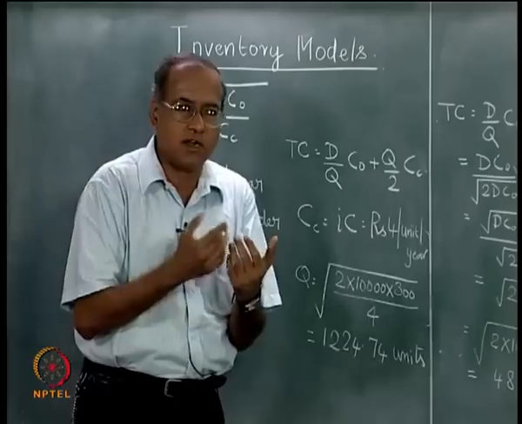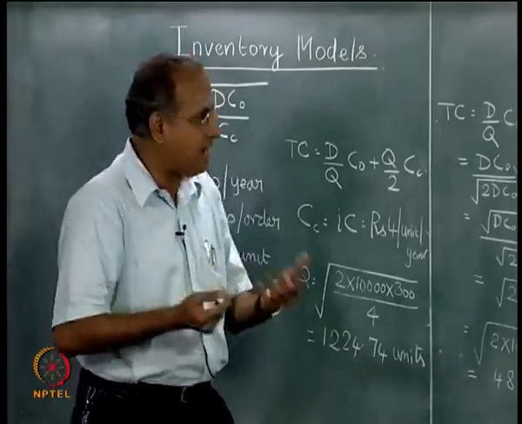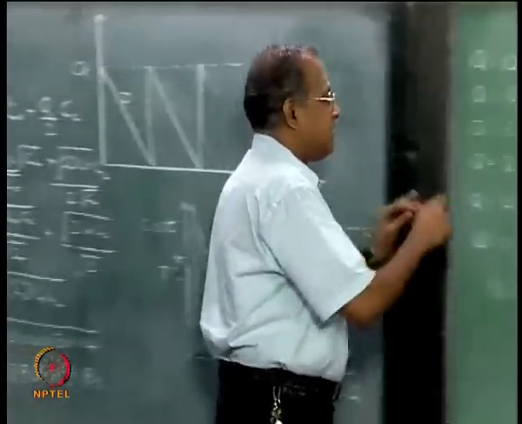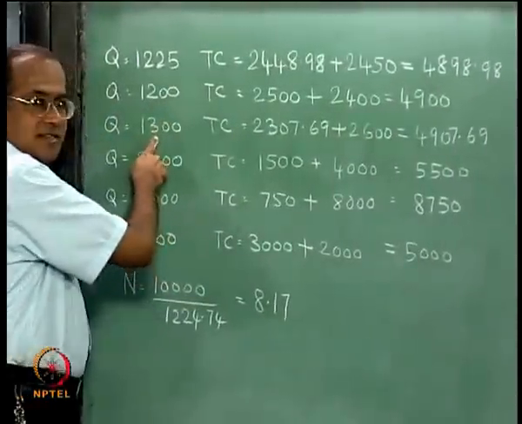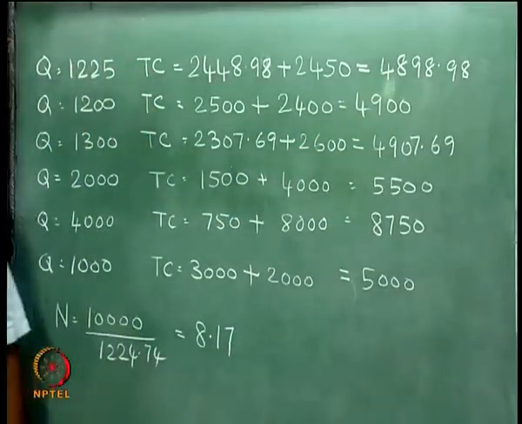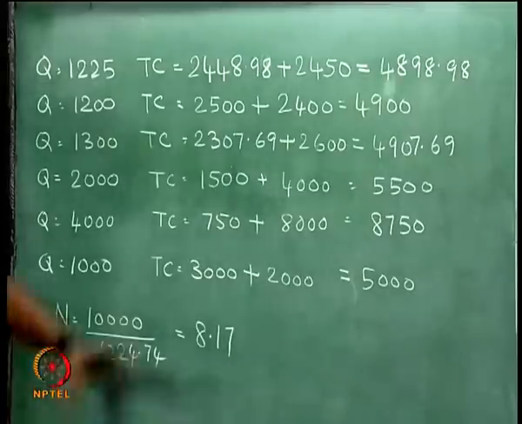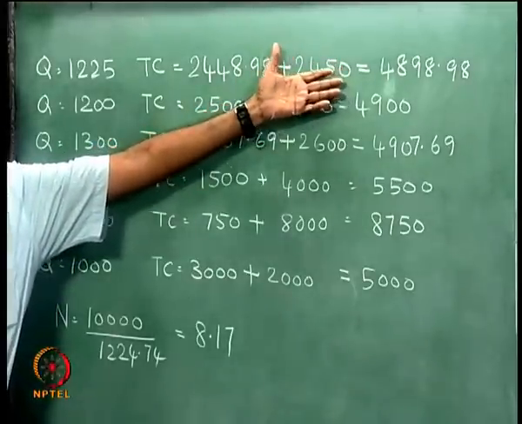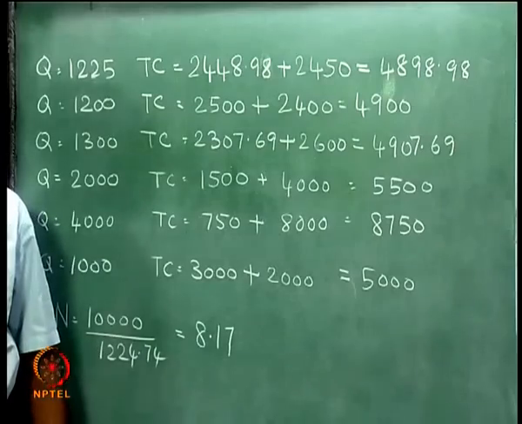1250 is a much more convenient number, and we have already seen here that whether it is 1200 or 1300, we are still in the border of 4900 to 4907, which is hardly 10 rupees on 4800 or 5 rupees.